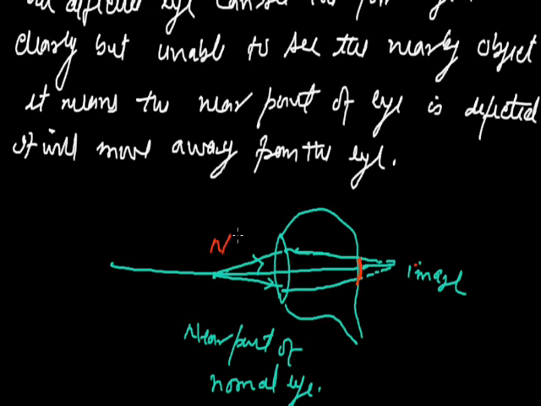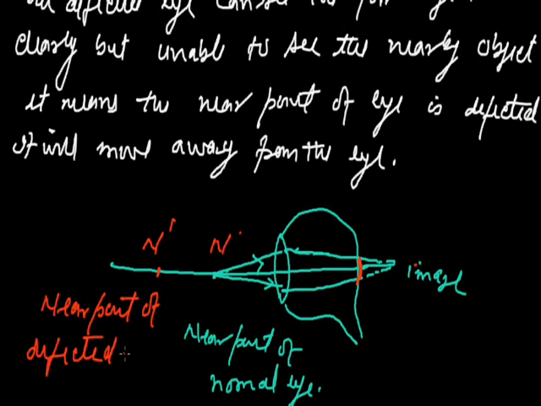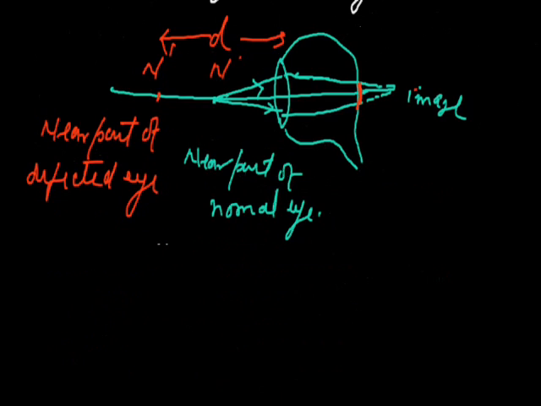This point is N. This point N shifted to this point N dash is the near point of the defective eye. If the object is placed at N dash, it can see clearly. Suppose this distance is small d.